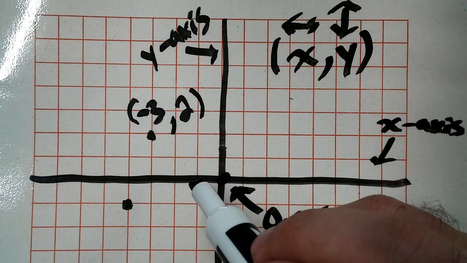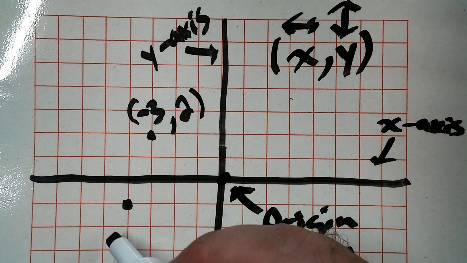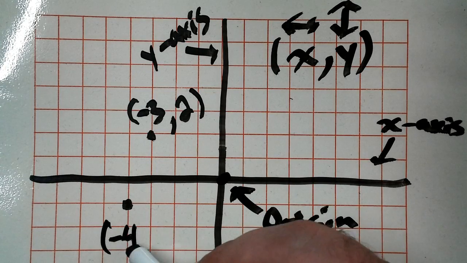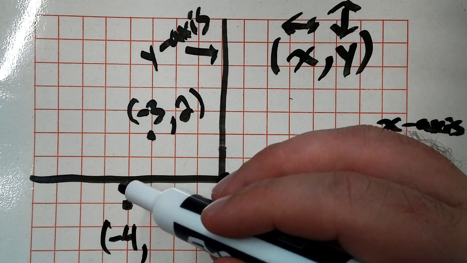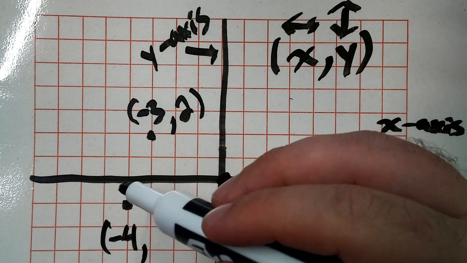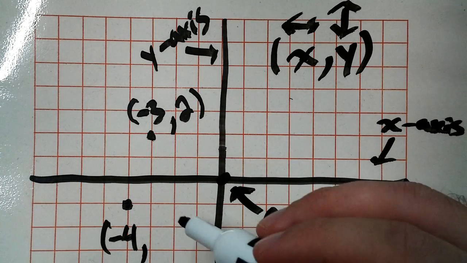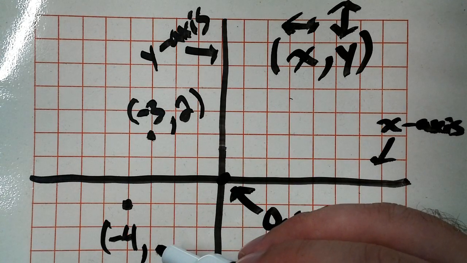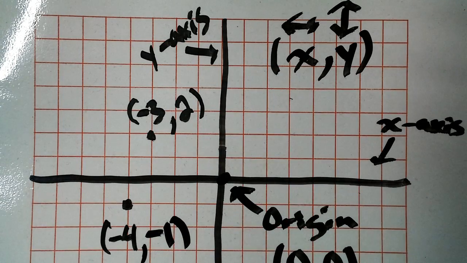I had to go 1, 2, 3, 4 to the left. So I know my x value is going to be negative 4. Now let's count how much up and down I had to do. So go back to where you stopped and go up or down. Down 1. So is this going to be a positive or negative 1? Good. It will be a negative 1.